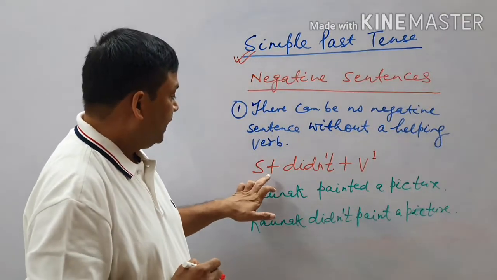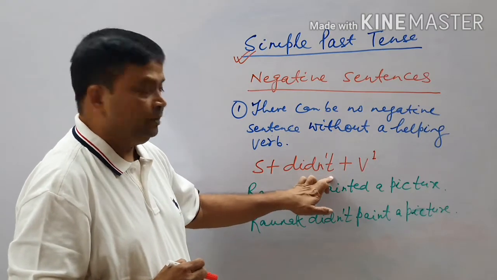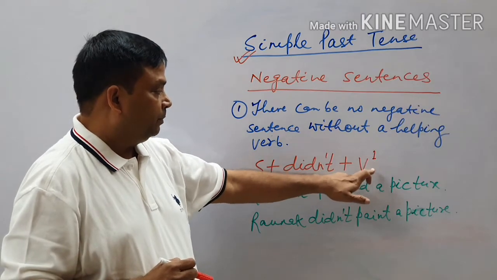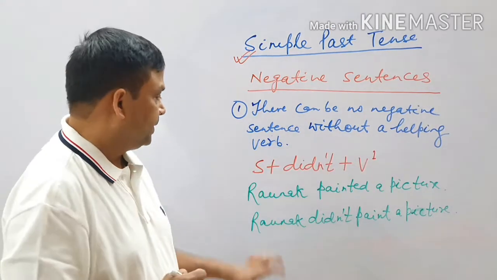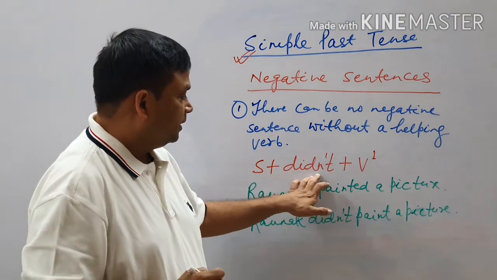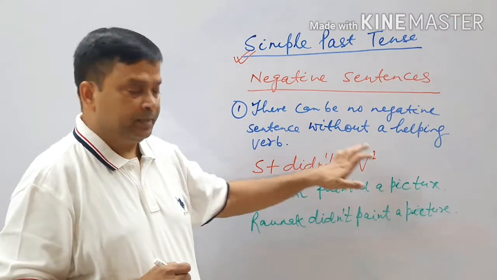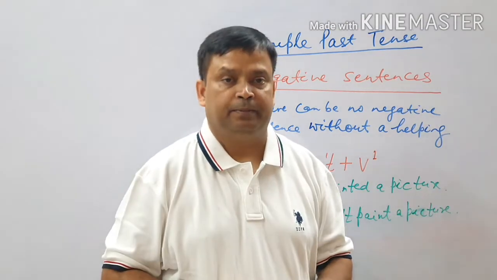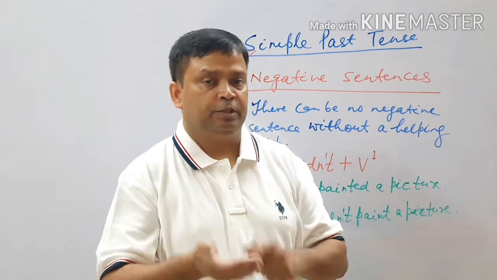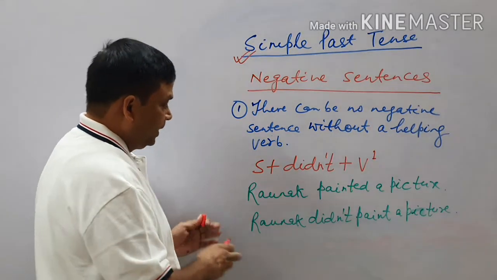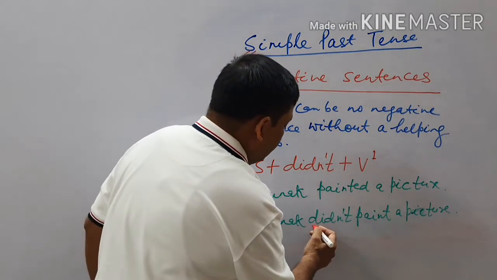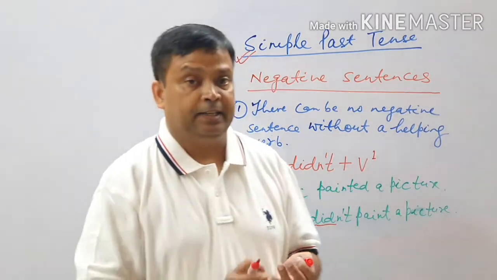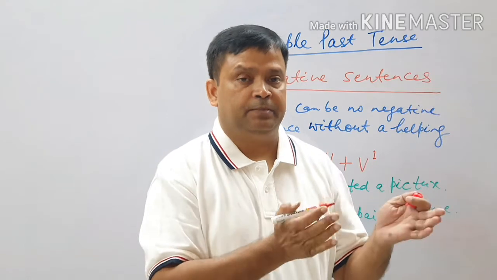So the structure goes like subject plus did, and then you have to add not, and then main verb, first form of the verb, and then object will follow. So subject plus didn't, and then first form of the verb. So I picked up a sentence in affirmative. Rana painted a picture, if you remember. Now I am changing this into negative. Rana remains same, and as I told you, one helping verb I added on my own for simple past, which is did, and then you have to add not, then it becomes negative.